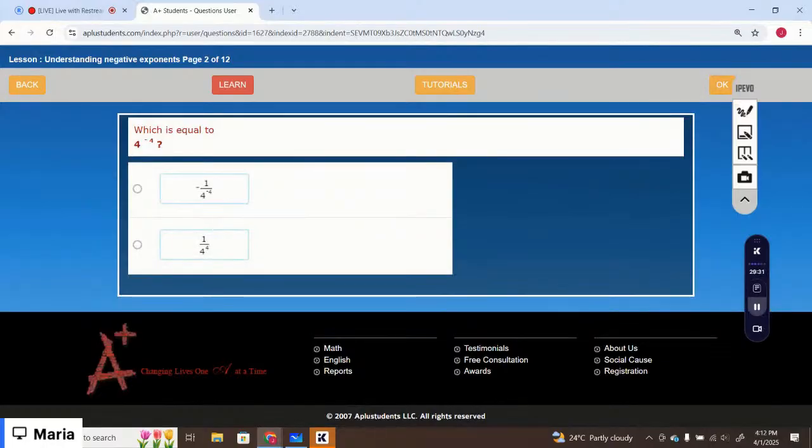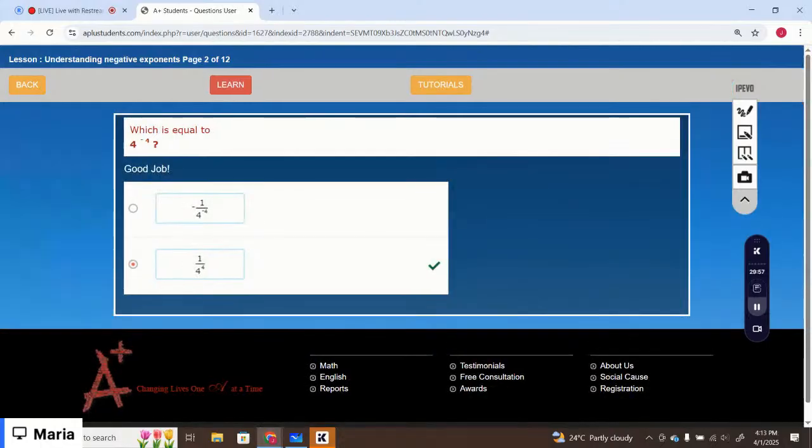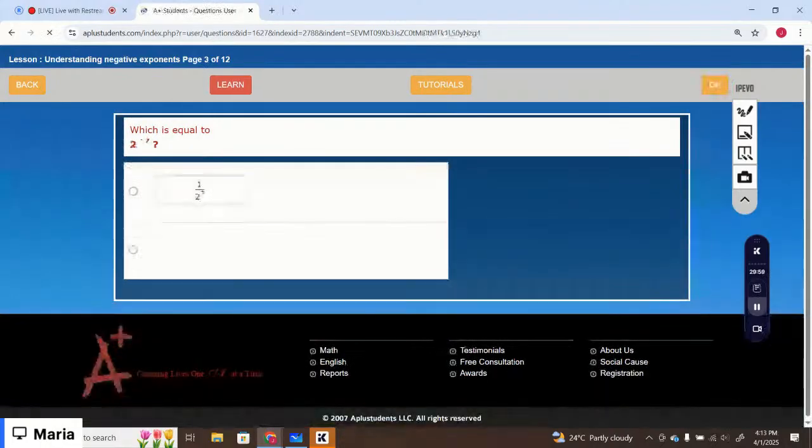Which is equal to 4 exponent negative 4, which is the correct option? Think and then answer, 1 or 2. Option number 2 is the correct option. Which is equal to 2 exponent negative 7?